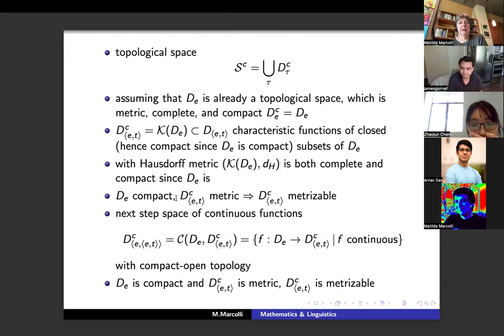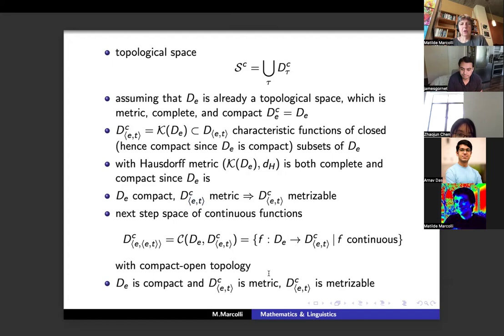And so now I have that this is compact and this target is metric. So sorry, this should have been: going from E to this other type remains metrizable.